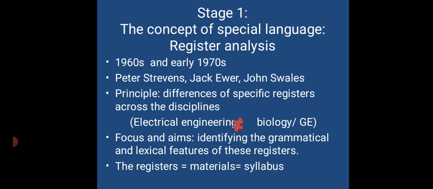Number 1, if we are talking about language, there must be some differences of specific registers across the disciplines. For example, electrical engineering will not be the same as biology or general English.